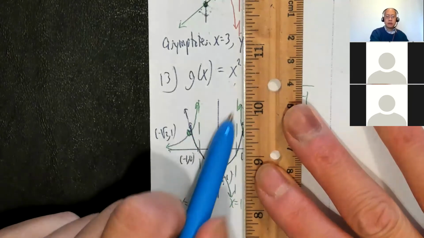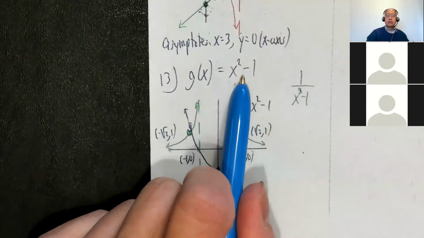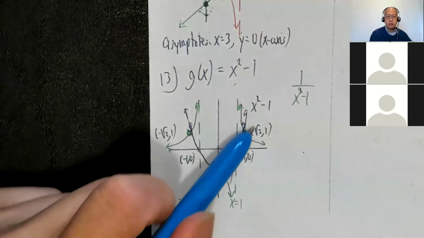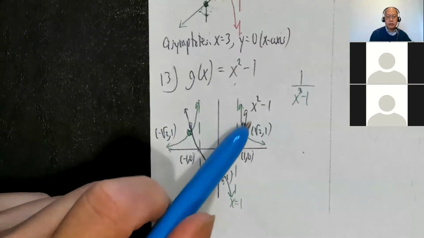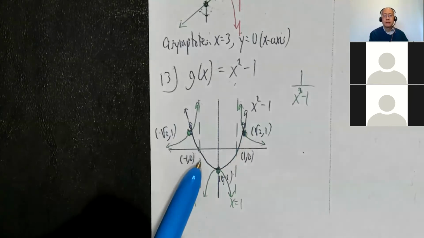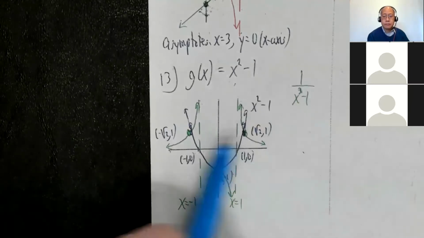Parabola, vertex at the origin. And then what's the effect of the minus 1? Just take that parabola and shove it down 1 unit. So this is my original graph, x squared minus 1. Now, the reciprocal is 1 over x squared minus 1.